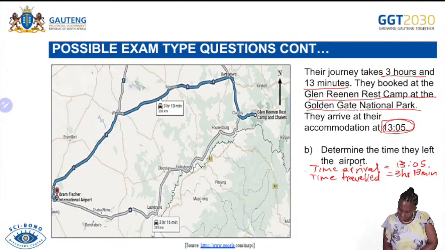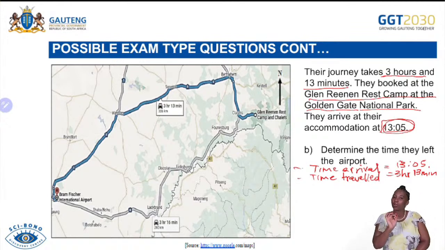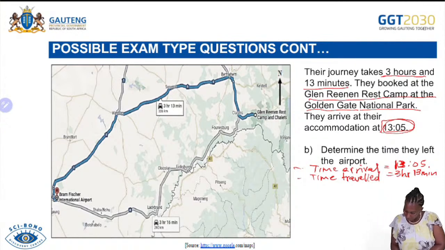So now we have the time of arrival, we have the travel time. For us to get the time they left the airport, we have to subtract from 13 hours and 5 minutes that they arrived at the 3 hours and 13 minutes that they have traveled. I'm going to use this space over here because now I don't have a space. Now we want to subtract 13:05 minus 3 hours and 13 minutes.